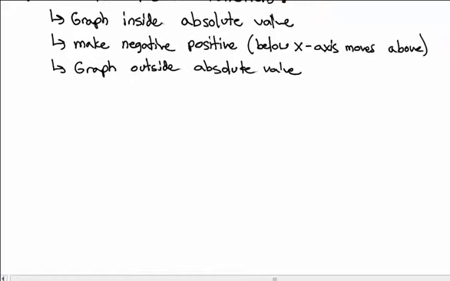So let's just do 2 quick examples of this process so you can see how it works. Let's start with a really simple one that just has an absolute value of x squared minus 4. We'll first look inside the absolute value, and what we see is happening is we're squaring inside the absolute value.